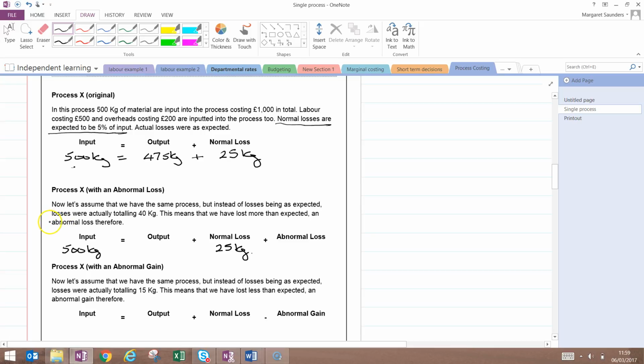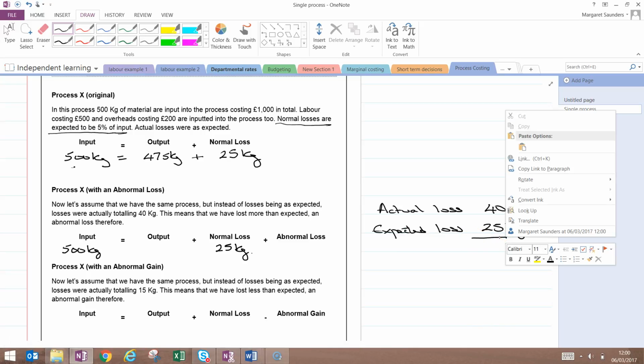The example tells us actual loss was 40. We expected to lose 25. Remember, your expected loss is your normal loss.